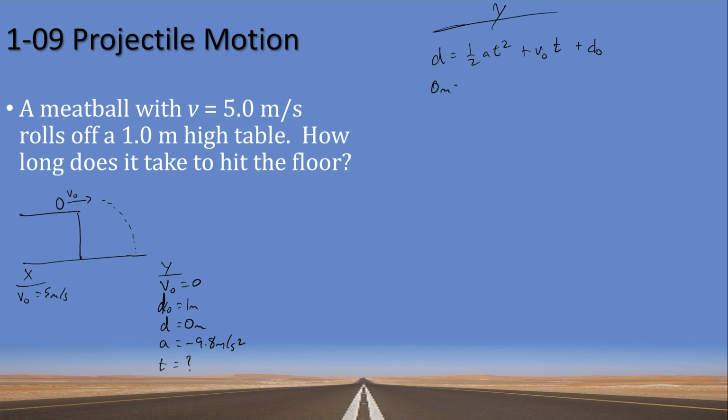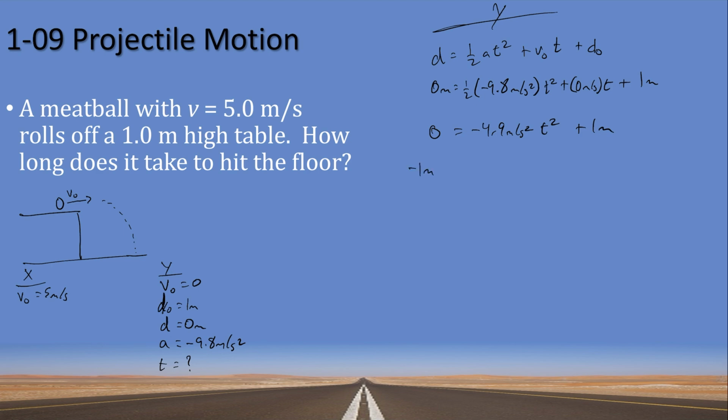So we have 0 meters, a was negative 9.8, v0 was 0, and d0 was 1. So it simplifies to that. t is there only once, so we'll solve for that.